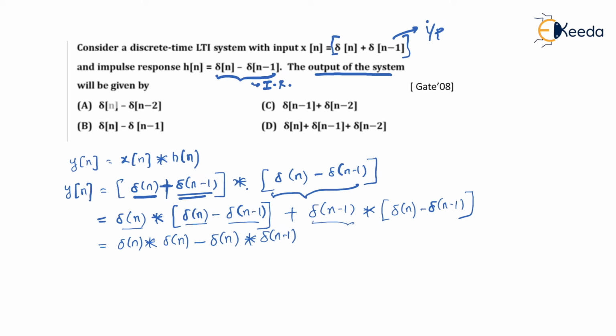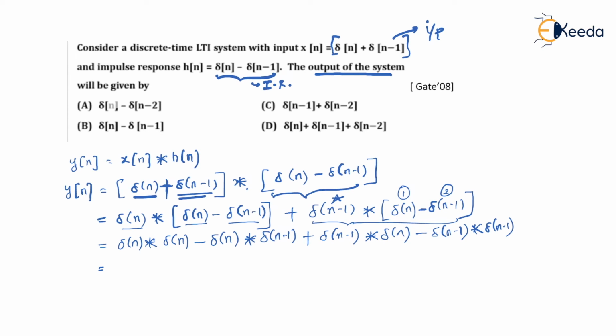So let us solve this now. Plus del of n minus 1 is getting convolved with the first term, which is del of n, and again because of the minus sign I can keep minus over here. So now this part gets convolved with the second. So del of n minus 1 gets convolved with del of n minus 1, right?